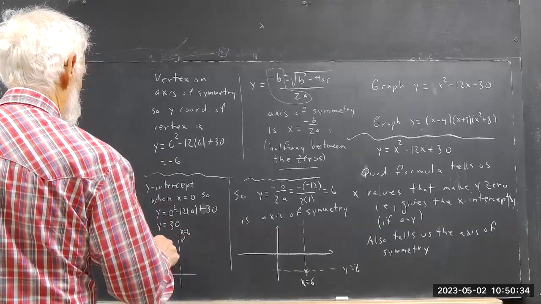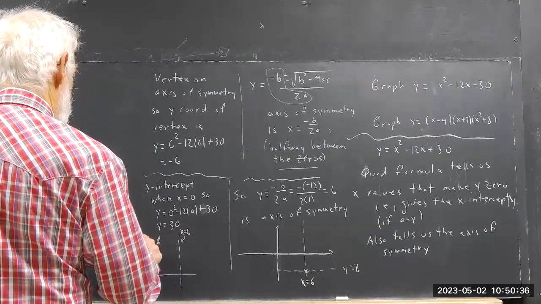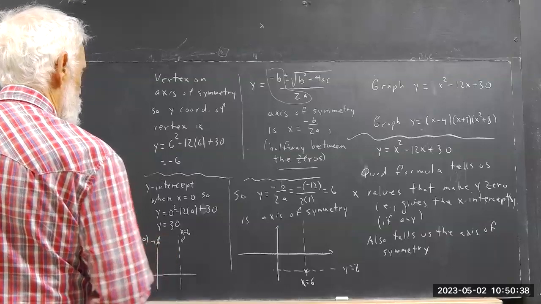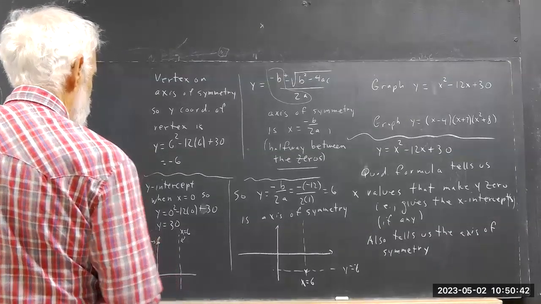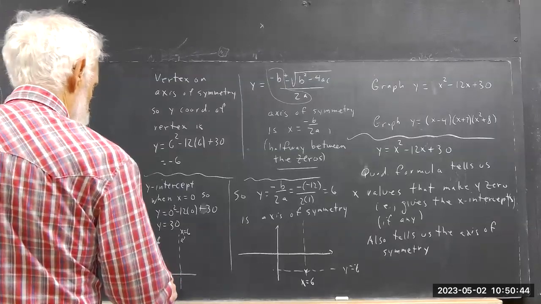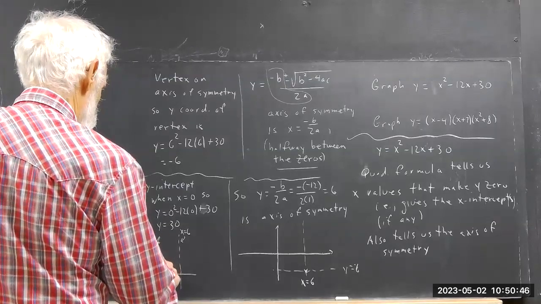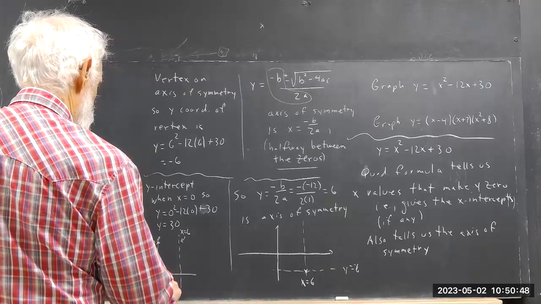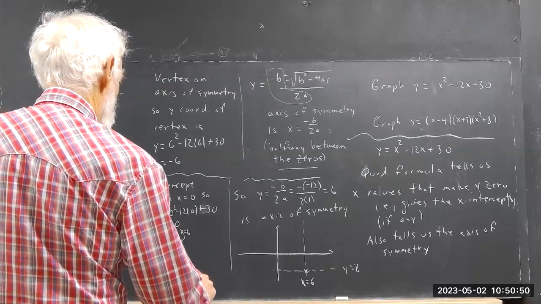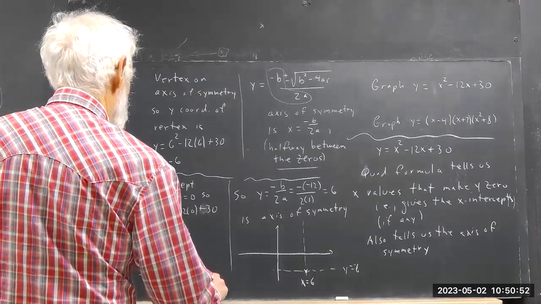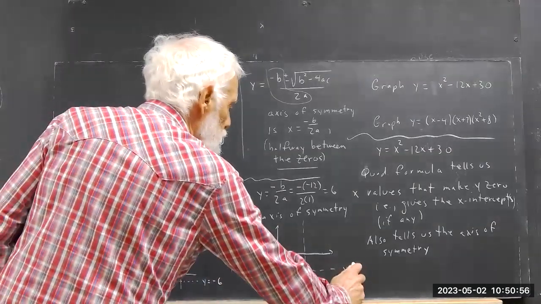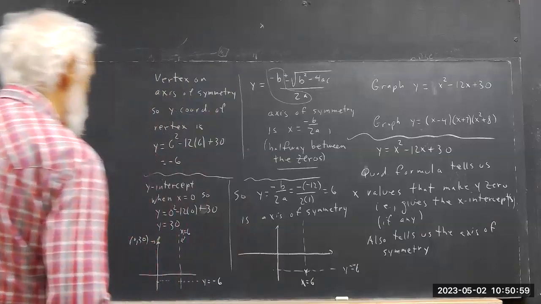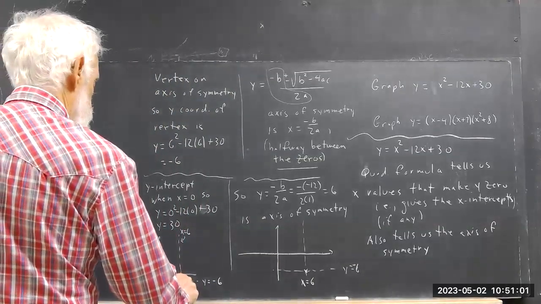X equals 6, we're going to put the point (0, 30) here, then (6, -6). 6 is 1/5 of 30, you know, so 1/5 of that distance, well, there's half, so about here. So here's our vertex.